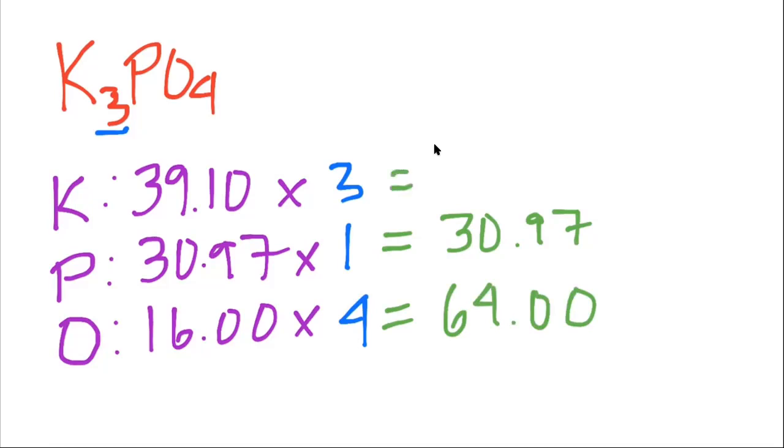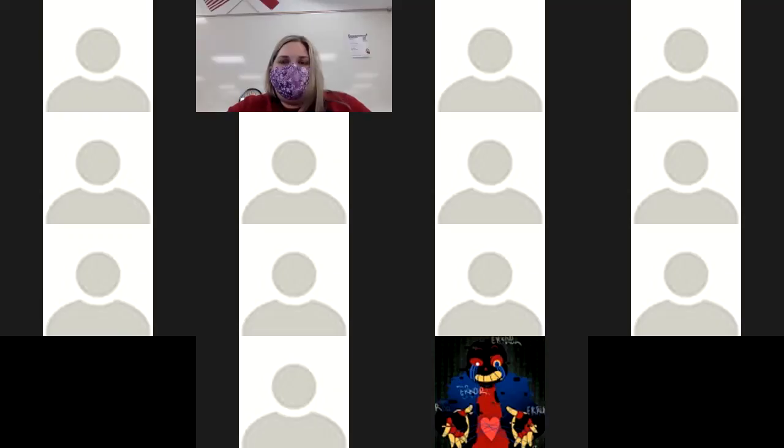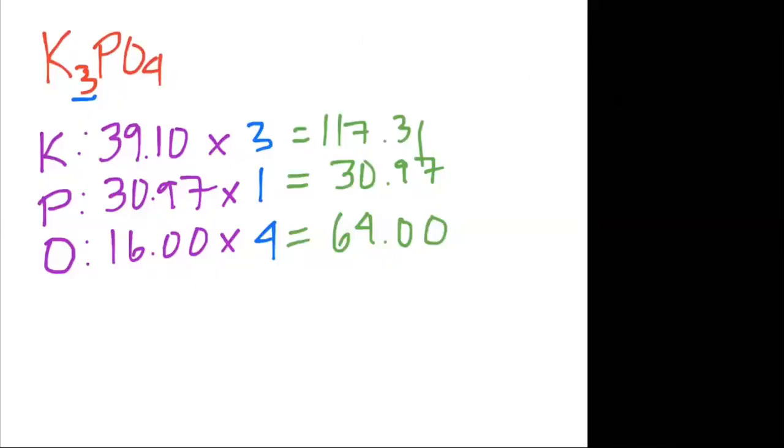And then the last one, this one's a little harder because this is not as common. So let's see, 39.10 times 3 is 117.30. Uh-oh, what happened? We got cut off. Hold on, guys. All right, so 117.30.